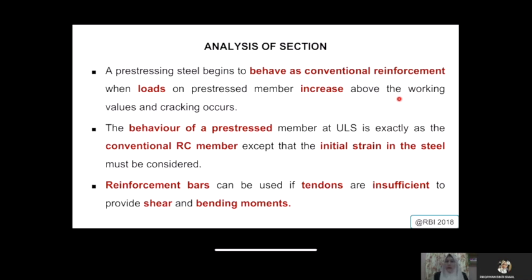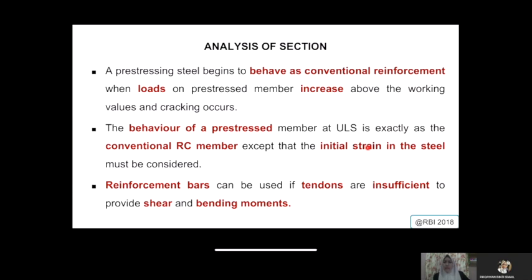Even though you provide tendon, not the regular reinforcement bar, the behavior is still the same, because of the way you place the tendon, it will behave like a regular reinforcement bar above the working values, and of course it will cause cracking. That is very common; you will see that.